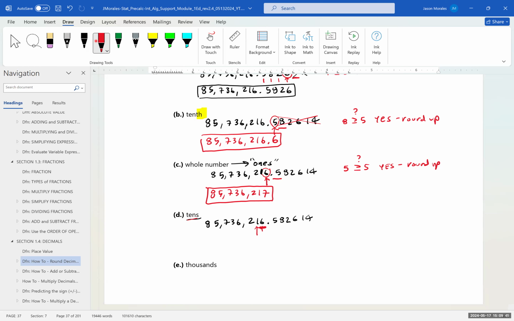We're going to underline the digit to the right of the tens place, which is a 6. Is 6 greater than or equal to 5? Answer is yes. So we'll round up. So we're going to be rounding up this 1 to a 2. 85,736,220. No decimal point.